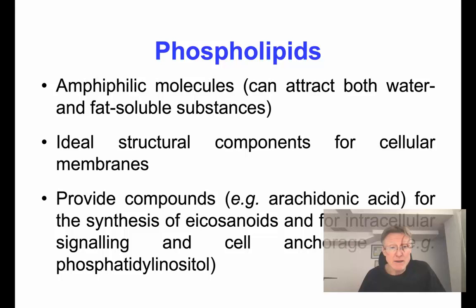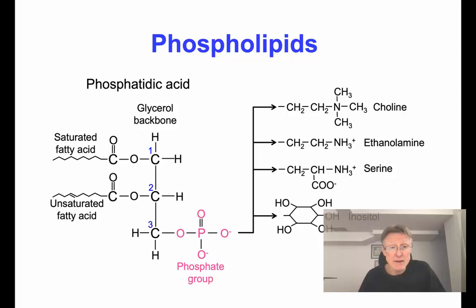For instance, phosphatidylinositol. I'm going to go back to the previous slide just to show you. Remember, at the carbon 2 position of the glycerol, you have an unsaturated fatty acid. If you have a diet that is rich in omega-6 fatty acids, specifically arachidonic acid, which is a polyunsaturated fatty acid, and you release this fatty acid, it can be used to form what we call mediators of inflammation.